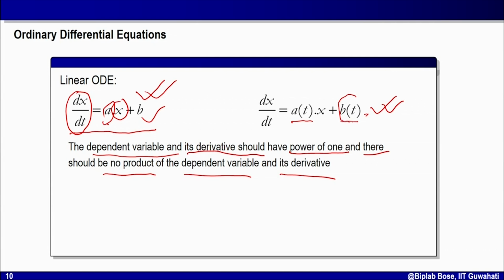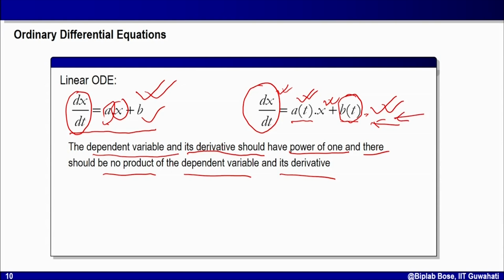So b itself depends upon t, and A itself depends upon t and changes with time. But in this particular equation, we have only written the derivative of x, and we have no product of dx dt and x, and the power of x is maximum 1 and the power of dx dt is also 1. So this equation is also a linear ODE.